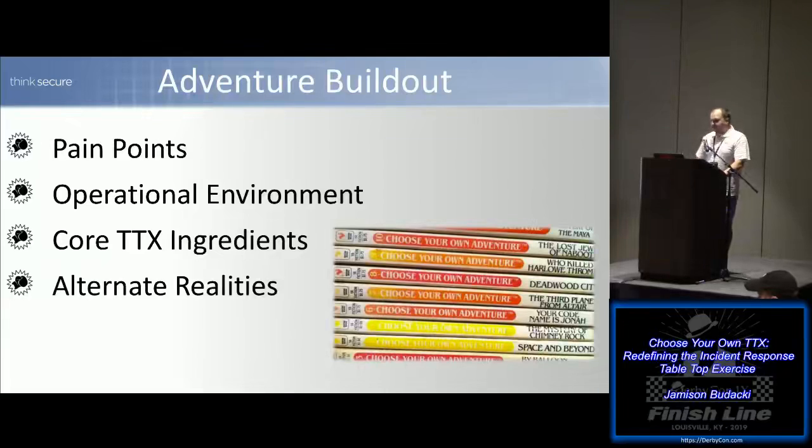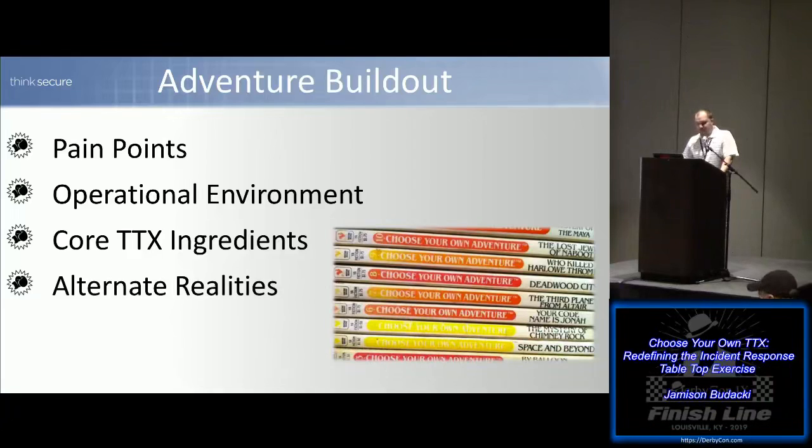So when we get into the adventure build out, there are some main points that we're going to talk about coming up. We're going to talk about those pain points. These really help you make your scenario. The operational environment, these are pretty basic. Room setup, make sure everybody can hear everybody, make sure there's enough seats, make sure everybody sees everything, projectors, things like that. Some of the core ingredients for the tabletop, this is when you get into the PM area and a lot of that mumbo jumbo I was referring to earlier.